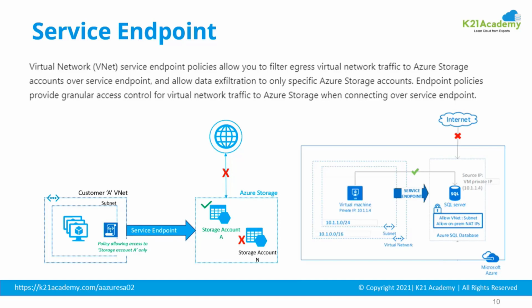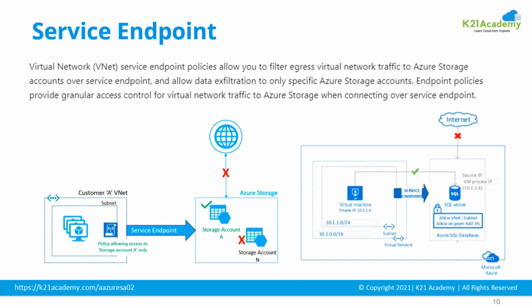In this lesson, we are going to look at another component of network, which is service endpoint. Now, these service endpoints are attached or accessible from a virtual network, and they help you to filter egress network traffic to a particular Azure service. That Azure service could be an Azure storage account, or it could be an Azure database.